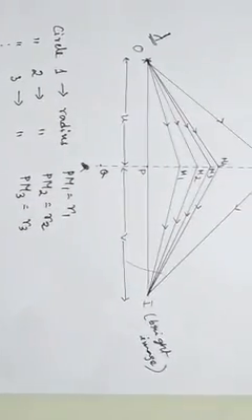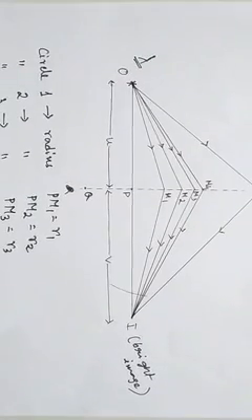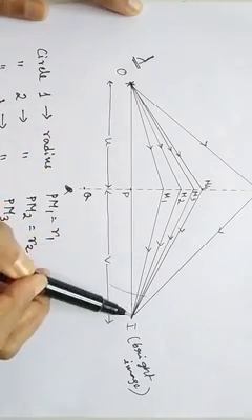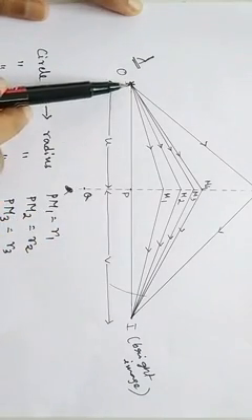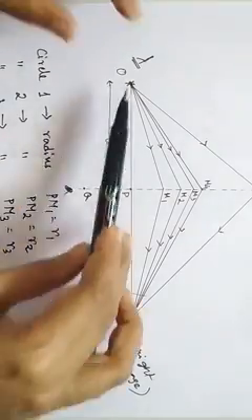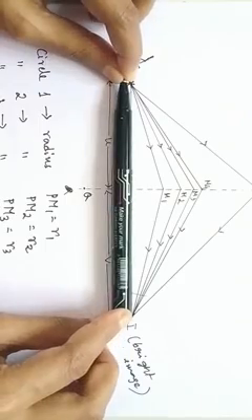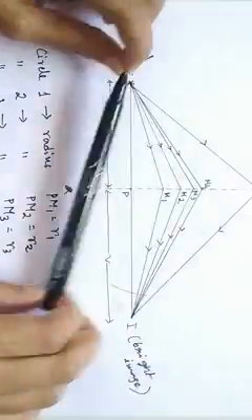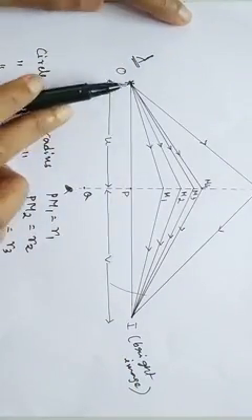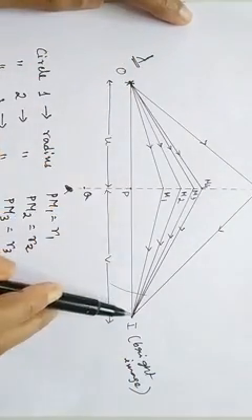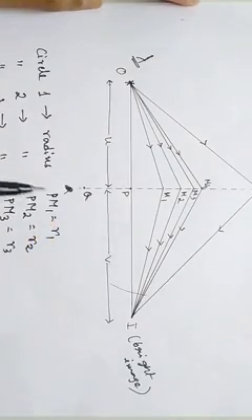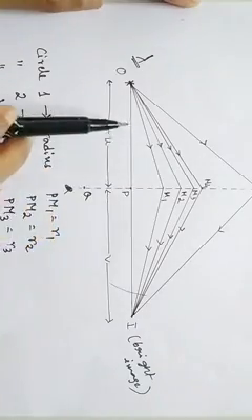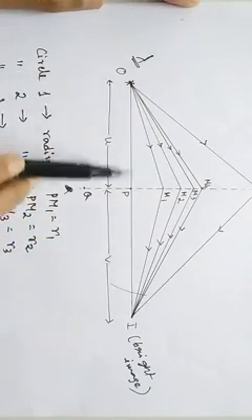It is clear that OM1 plus IM1 must be greater than OP plus IP, because OM1 is greater than OP and IM1 is greater than IP.